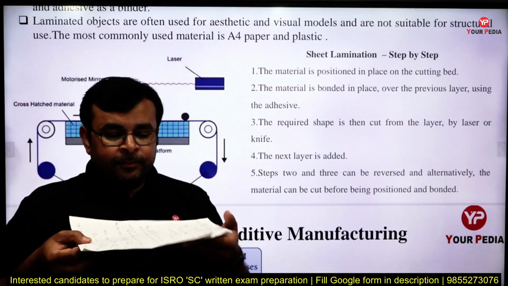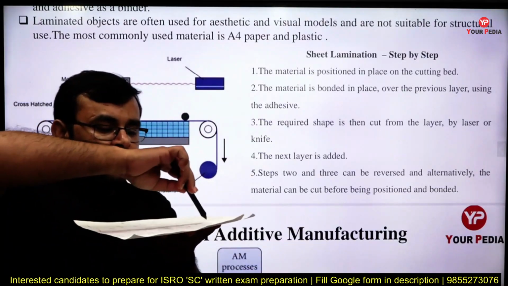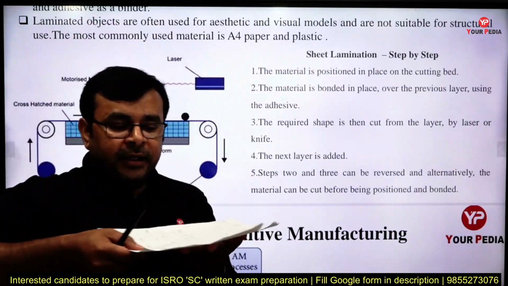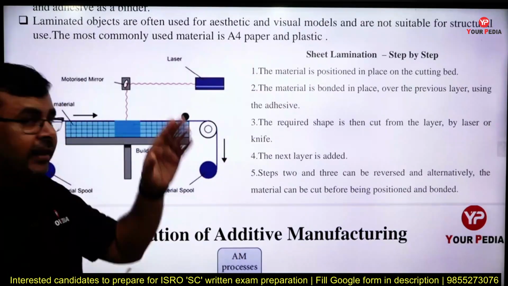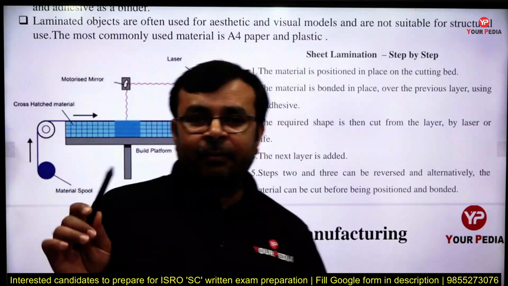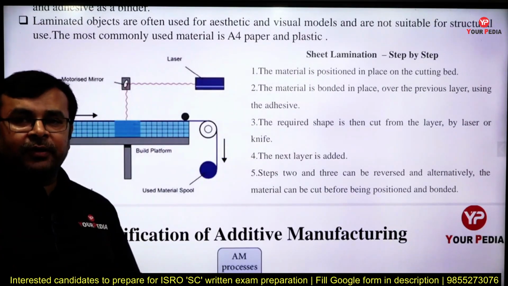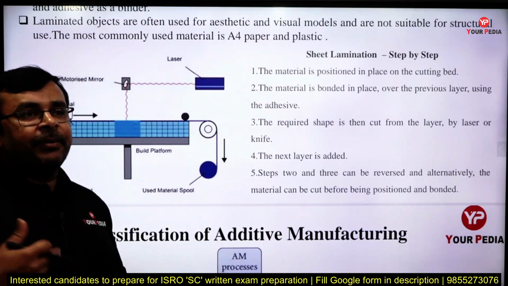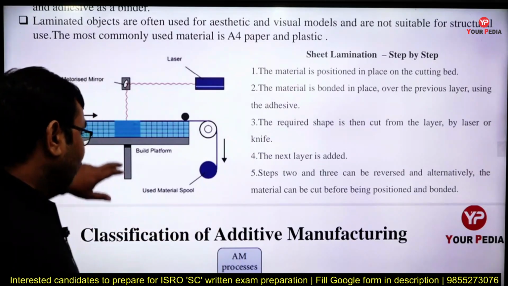After curing, some portion of this sheet is cured over the build platform and the remaining is loose, so it is moved away, correct. Then we provide another layer of sheet, again provide some binder over the first surface, and again perform the curing action, and this process is repeated till the final object is produced, correct. Okay.